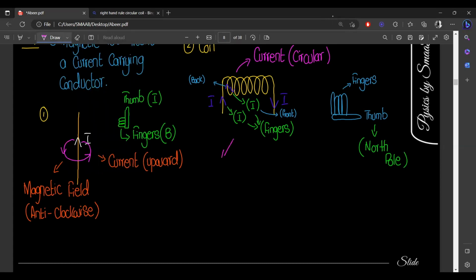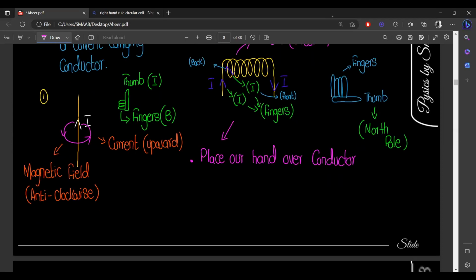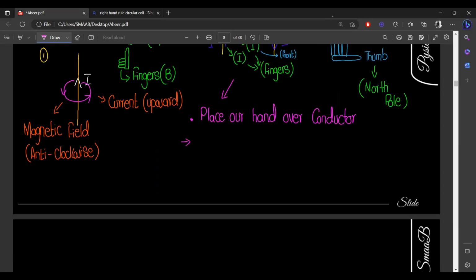So we need to place our hand over the conductor, and the very first idea is that you need to curl fingers in the direction of electric current.